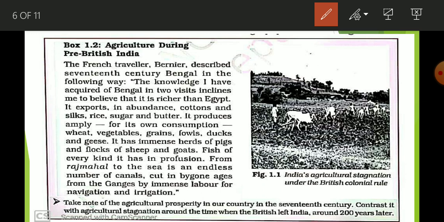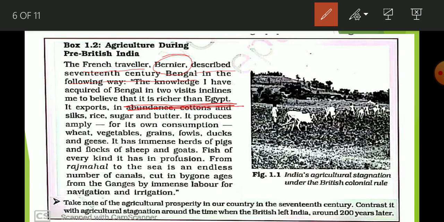Okay, here you can see the French traveler Bernier described 17th century Bengal. You learn these lines. In one way he has told that Bengal is richer than Egypt. Bengal, only one part of India, is richer than Egypt, which is known for its prosperity.